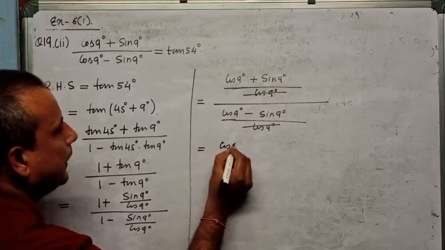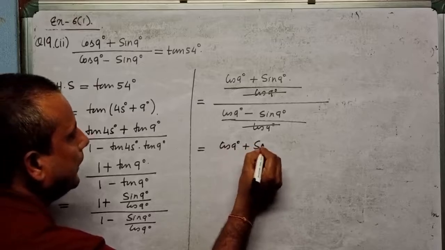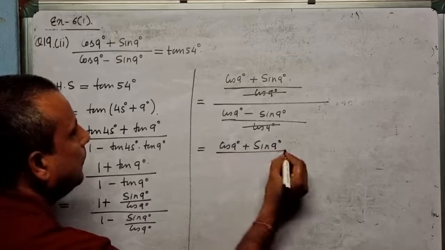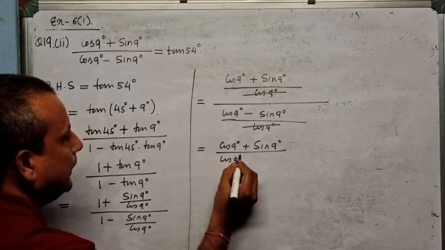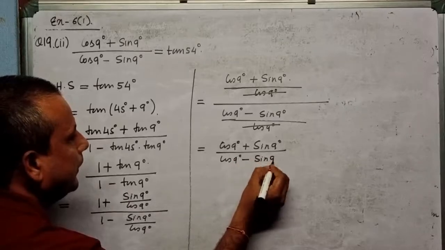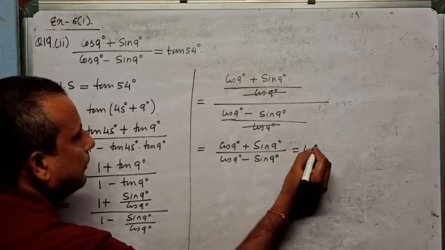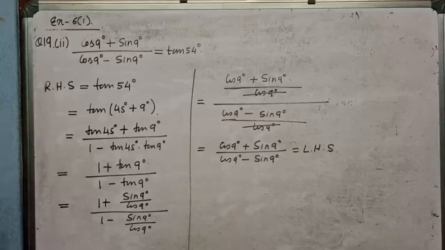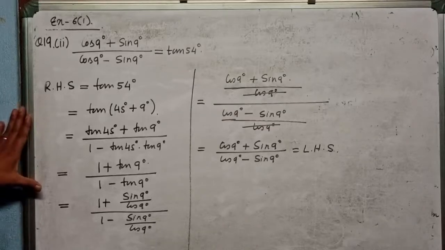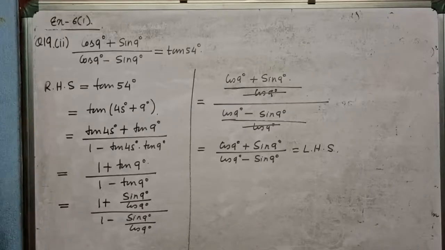It is cos 9 degree plus sine 9 degree over cos 9 degree minus sine 9 degree. This equals the left hand side. If you get this question in an examination, you can prove it like this. But in the case of integral calculus or derivatives, the method would be different. So first try to understand this method, then I'll solve the same numerical by another method.